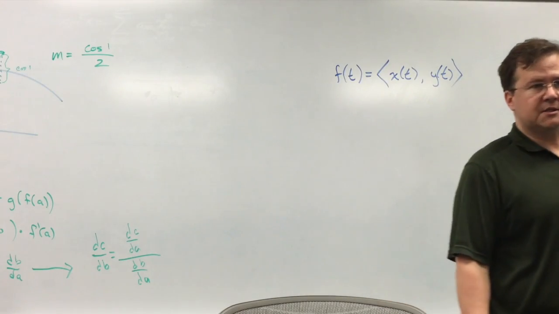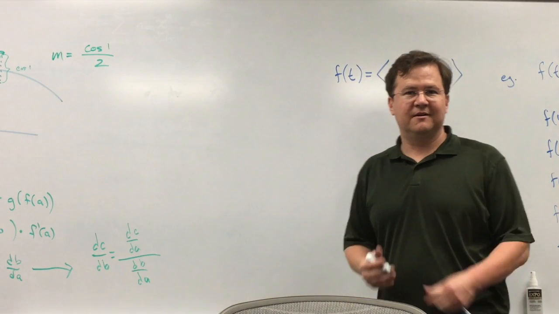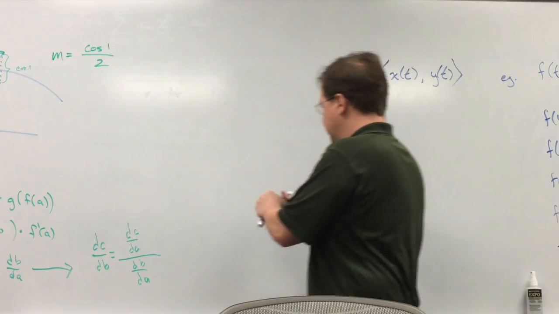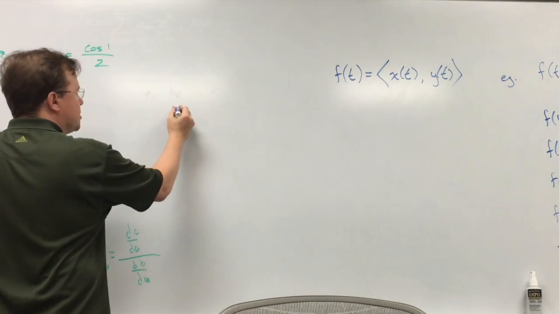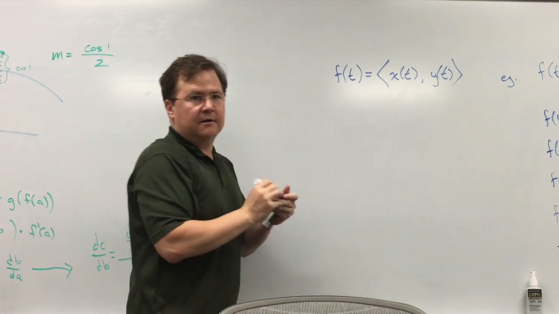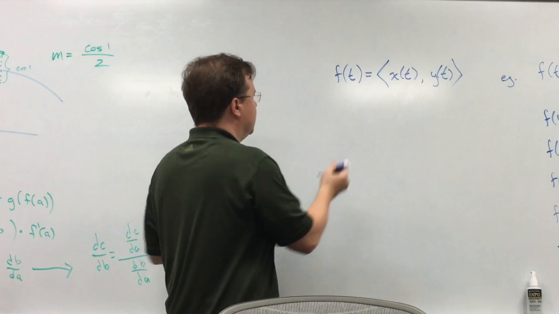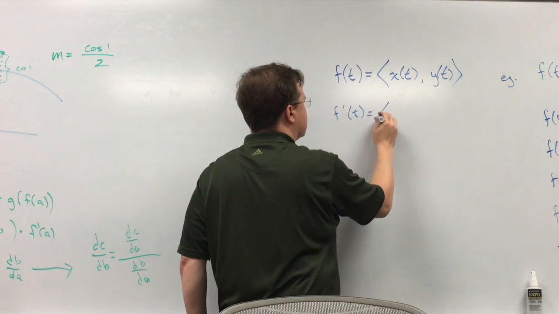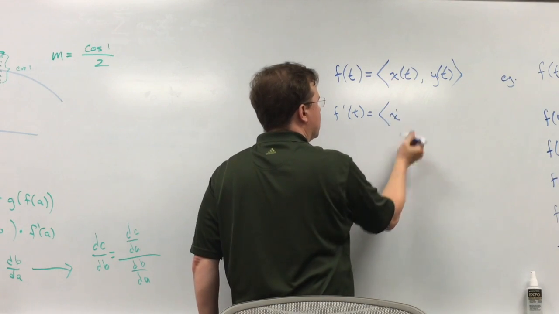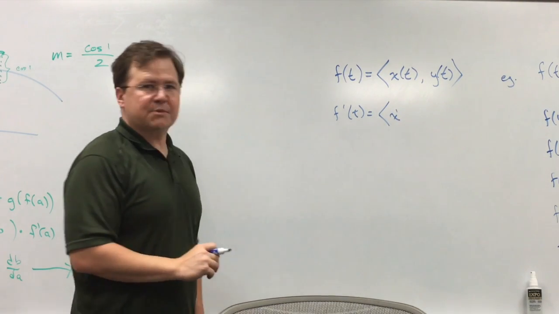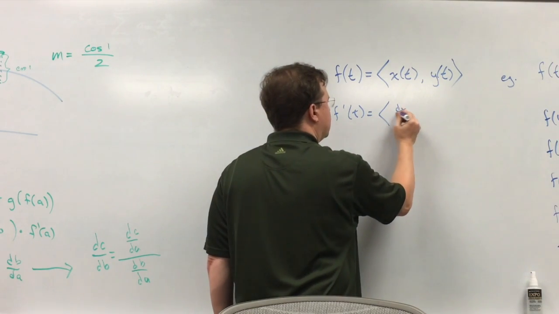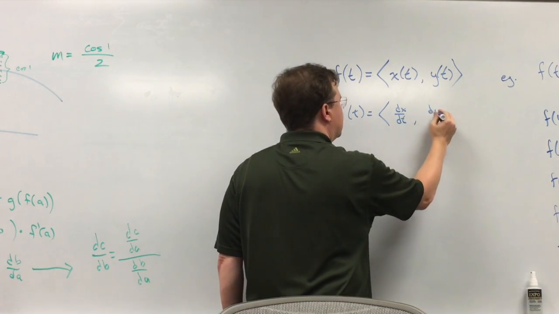And that's what we're using in this class, where a is the parameter. You see what we did here? When I have a vector-valued function and I take the derivative of it, instead of writing x prime of t, I'm going to write dx/dt.